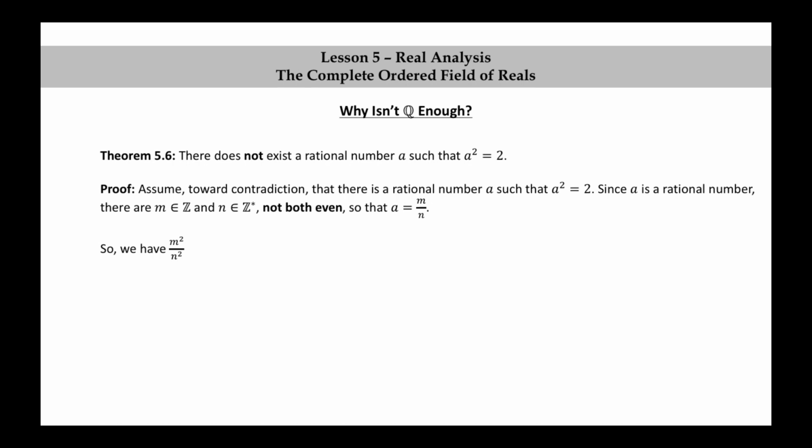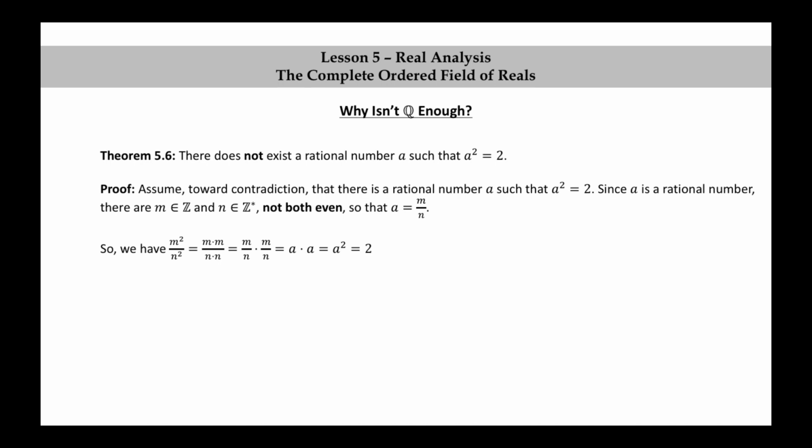So we have m squared over n squared is equal to m times m over n times n. That's just by the definition of what it means to square something, which is m over n times m over n by the definition of multiplication of rational numbers. And that's equal to a times a by direct substitution, which is a squared, again by the definition of squaring.